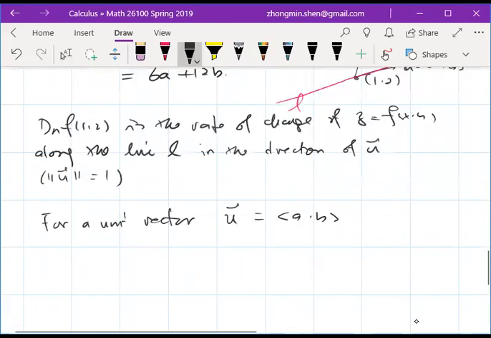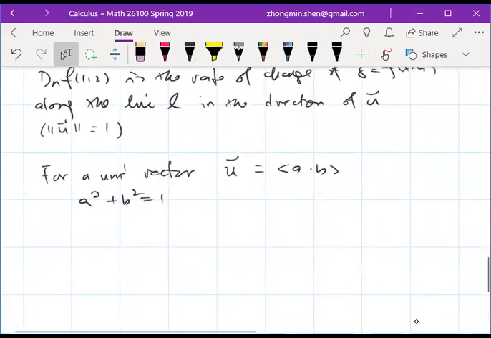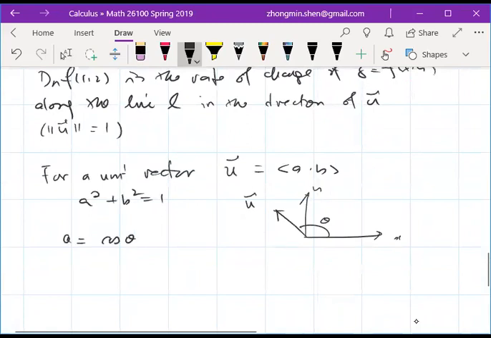That means a squared plus b squared equals 1, right? Look at this: this is the x-axis, this is the y-axis. For any unit vector, there's a unique angle that describes this vector. So a is going to be cosine theta, b is sine theta, and theta is between 0 and 2 pi.